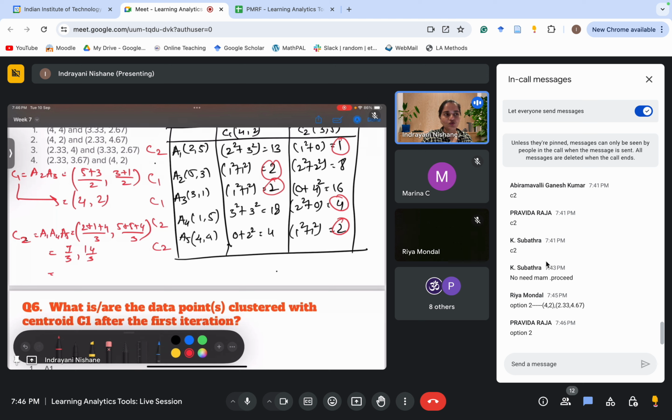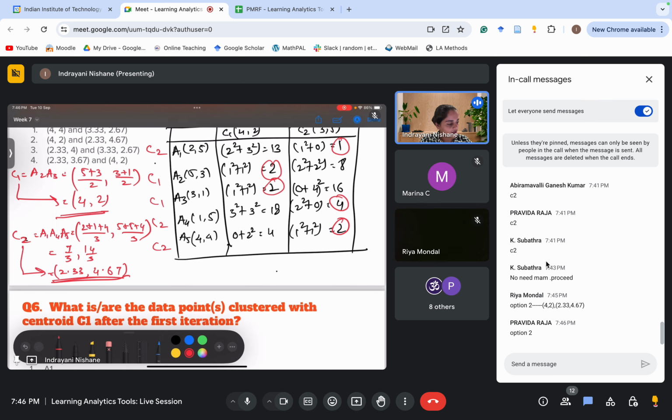7 by 3 is 2.33, comma 14 by 3 is 4.666, so rounding up to 4.67. So this is the answer. These are the new centroids C1 and C2, and here we followed the average linkage.